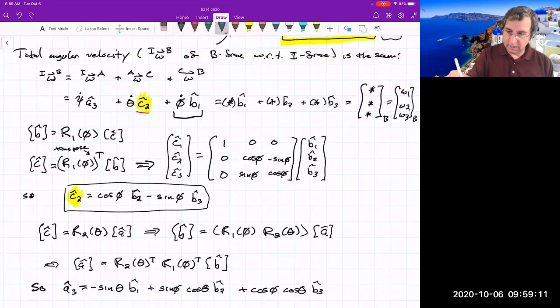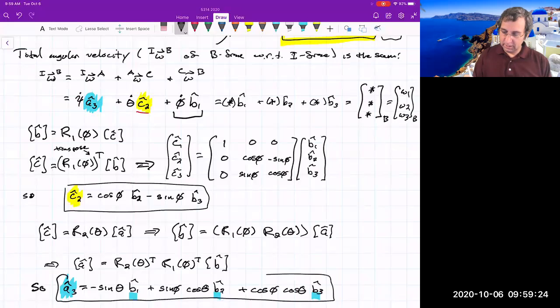So this is my expression for A3 up here. I've now written A3 in terms of these B basis vectors. So yay. I plug all of that in.